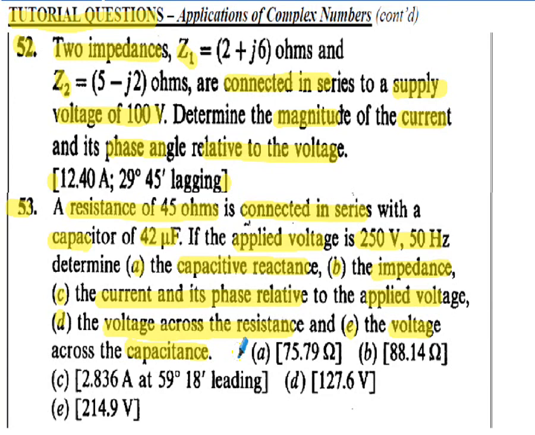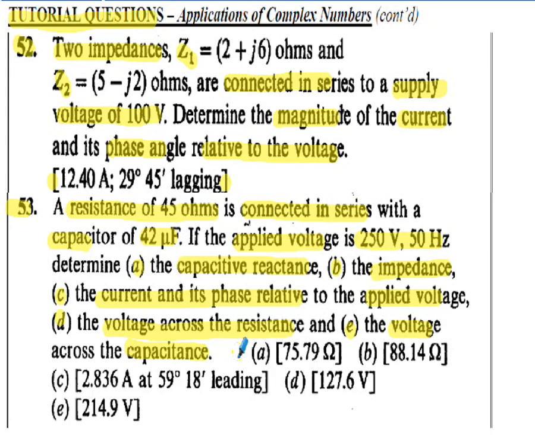So in this case, part A, we can find the capacitive reactance. We know the formula for XC, and we're given the f and the C in the question. Once we've calculated the capacitive reactance and we know the resistance in the question, we can find the impedance from Pythagoras' theorem. And in part C, we can find the current. The I is equal to V divided by Z. And we can find the appropriate phase angle. Again, make sure you sketch the phasor on an Argand diagram.